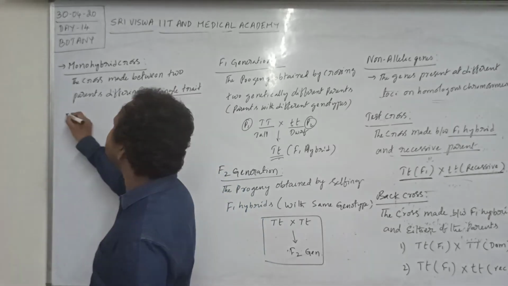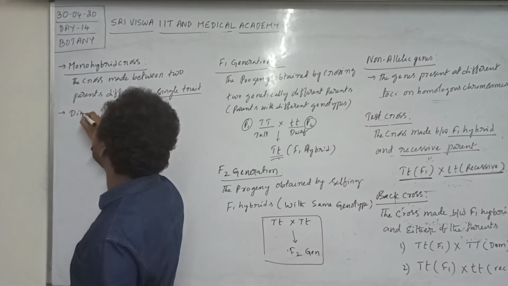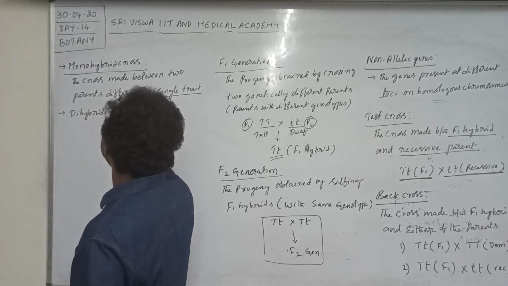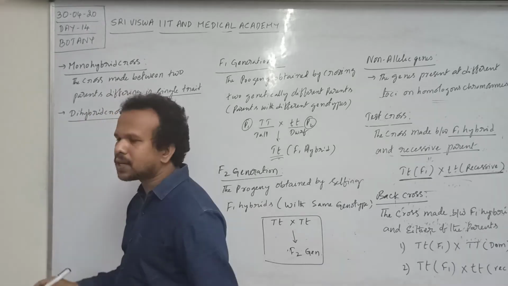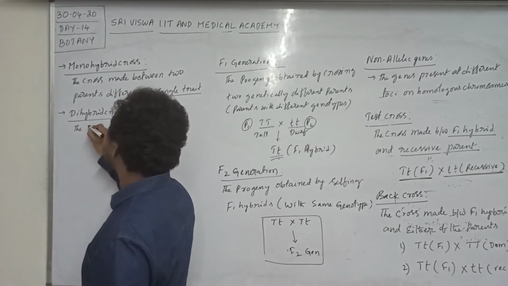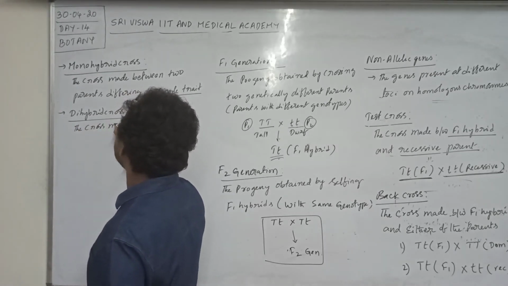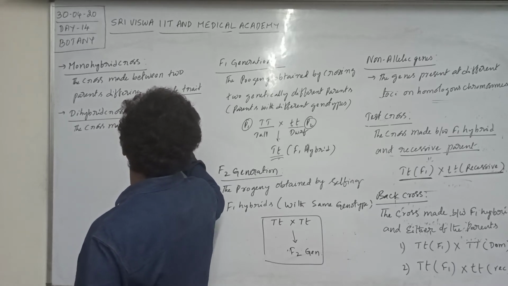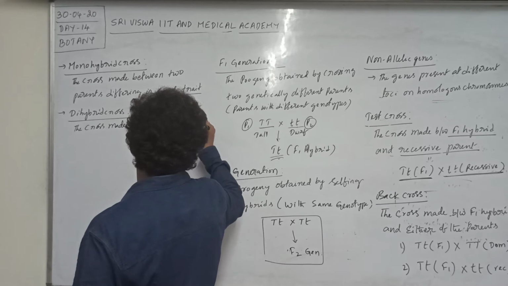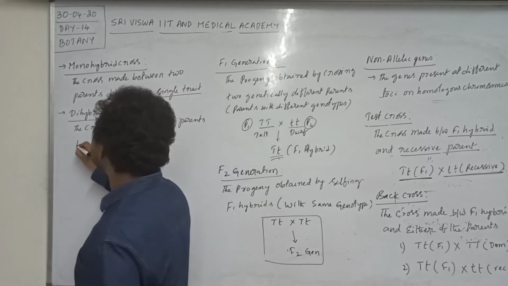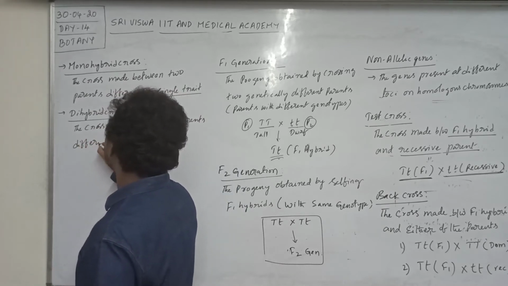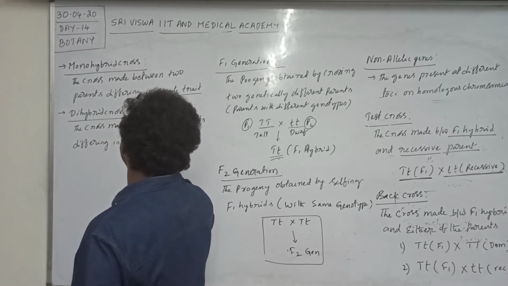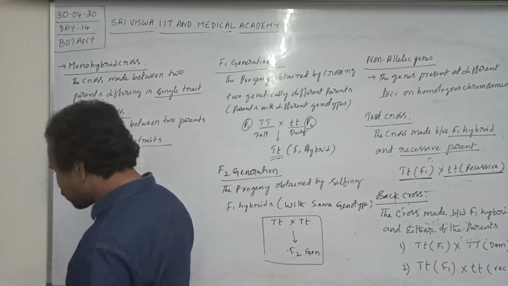Then consider the next important one, dihybrid cross. Dihybrid cross is the cross made between two parents differing in 2 traits or 2 characters.